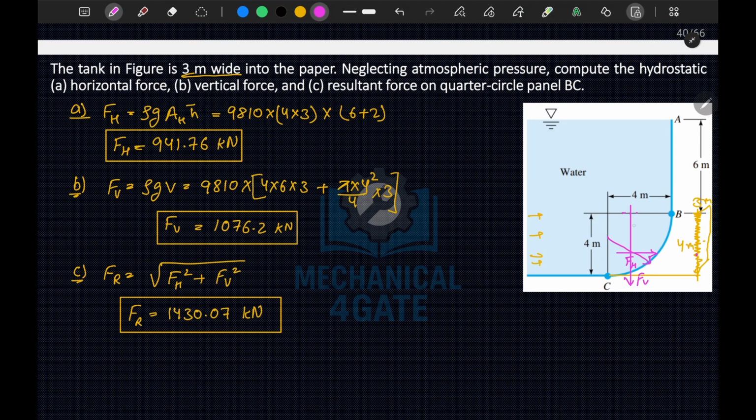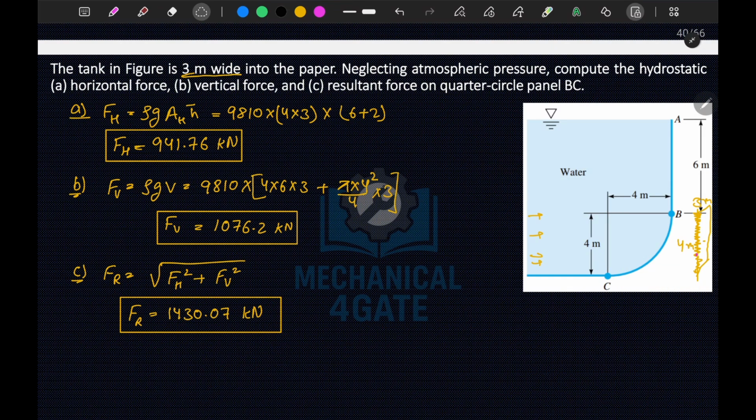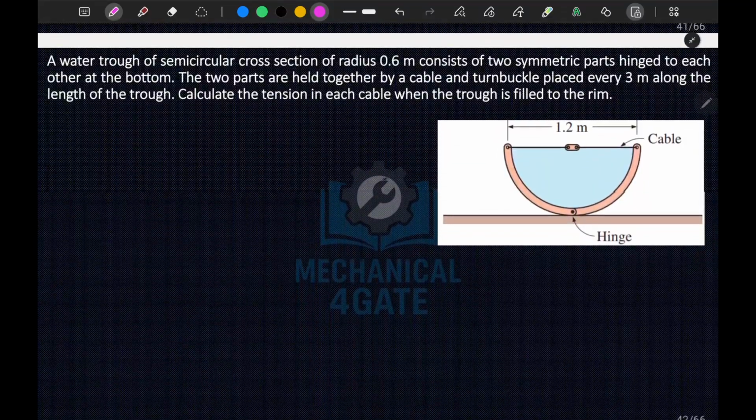This is not entirely correct, as it cannot be scaled here, so this is not exactly correct. It generally comes out like this: your Fh will act at this point, your Fv will act somewhere here, and this is your F resultant.